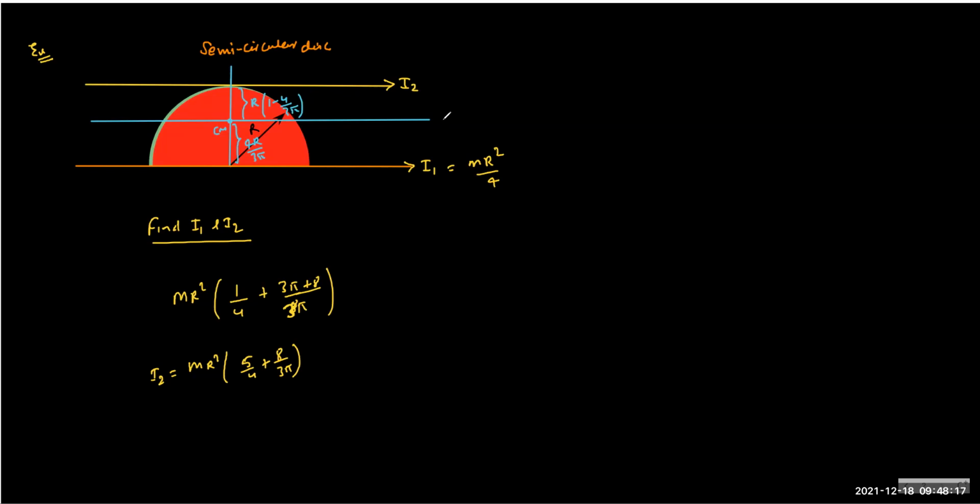This is r into 1 minus 4 by 3 pi. So we can say this is ICM. So I2 will be ICM plus m r square 1 minus 4 by 3 pi whole square. And I1 you can write as ICM plus m r square. So let's subtract.